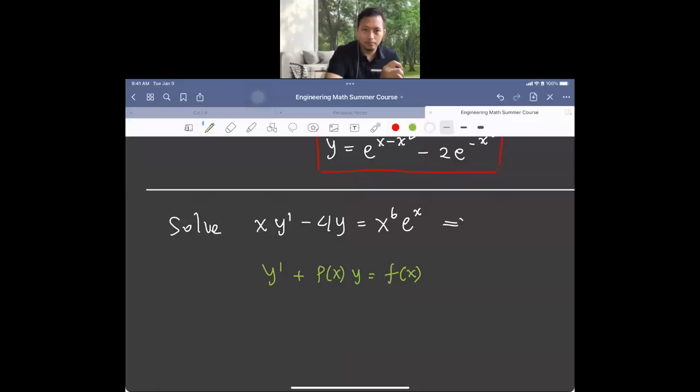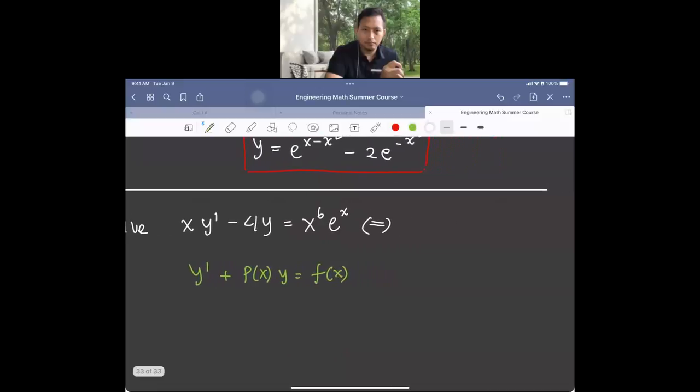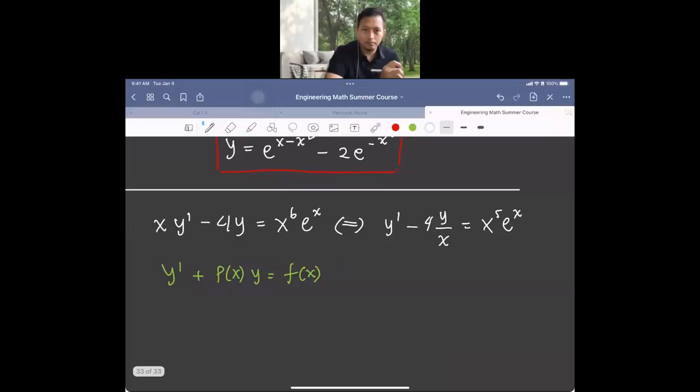Probably we are going to divide by x, so we get y prime minus 4y over x equal to x to the power of 5 e to the x. I think this is already a standard form, and we know that we can take p of x as -4 over x, right?